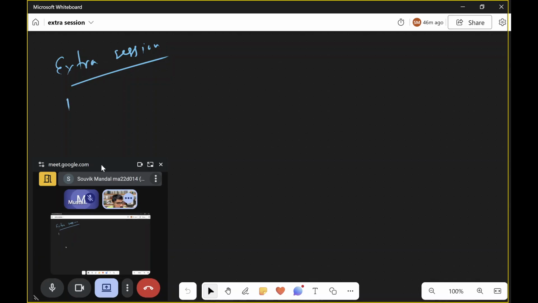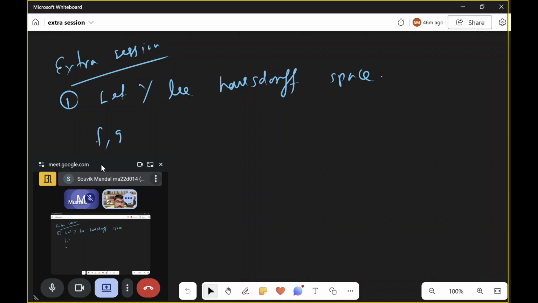The first question is: let Y be a Hausdorff space and f, g from X to Y be two maps.